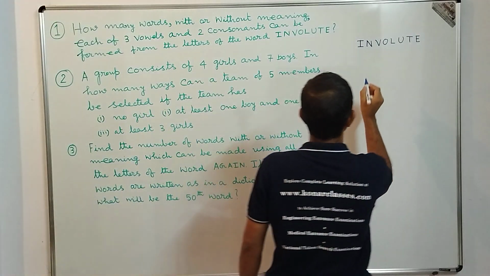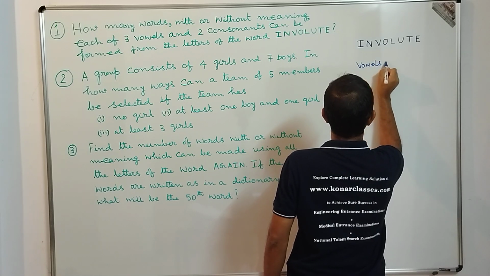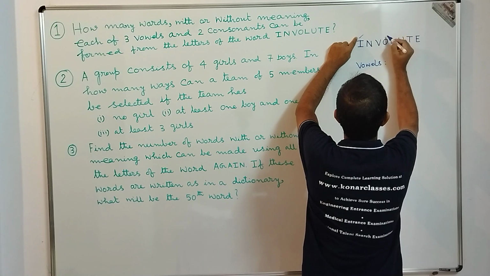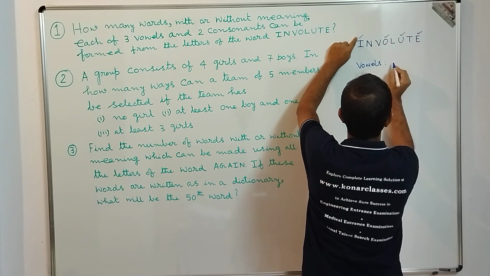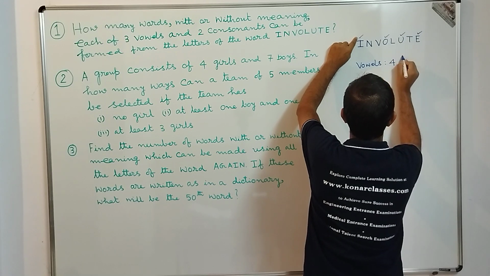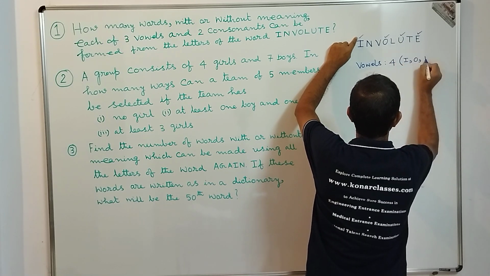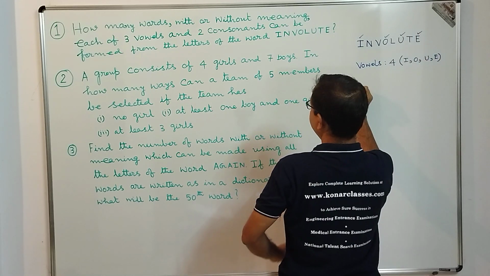Okay, so vowels, as we see dear students, the vowels here are I, O, U and E. So there are four vowels. And how many consonants?